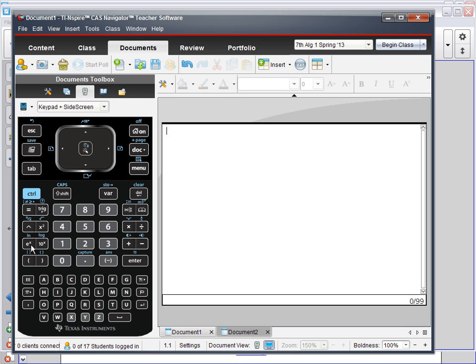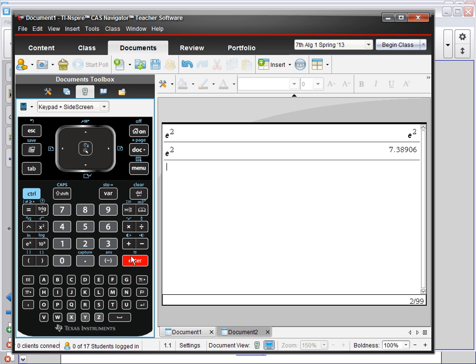Right here, you see it says E to the X. So if I want to know what E squared is, for example, I would say E, and then it brings me up a power, so E to the second power. And since E is just a number, squared is going to give you just some other number, okay?